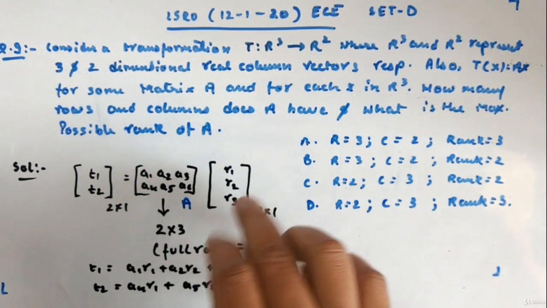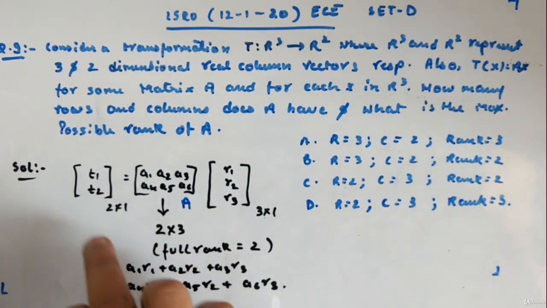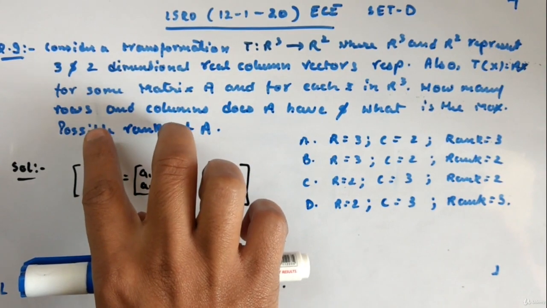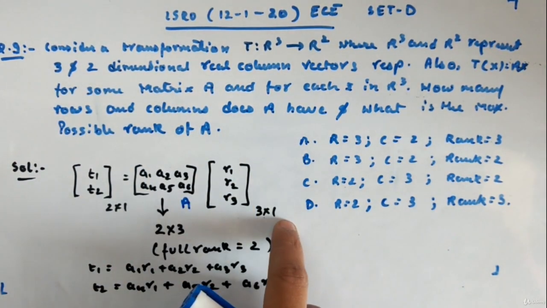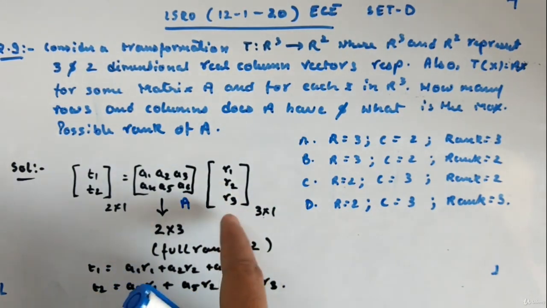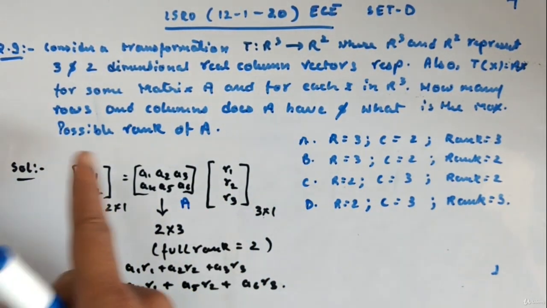We are not interested in the exact quantities. We have to just play with the dimensions, because we are asked to tell columns and rows. So 3 cross 1, there is only one column, 3 rows. Here 2 rows, 1 column.